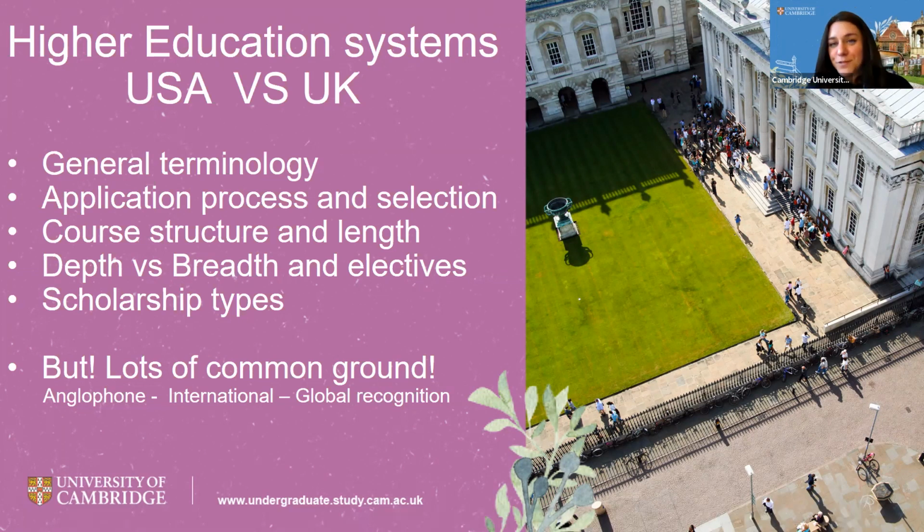Having talked about all the differences between the USA and the UK education systems, there are quite a few similarities. Both systems are Anglophone, very international in terms of the students that we recruit, but also the academic members of staff. Normally, both systems enjoy really international academic colleagues within the departments, and also the degrees carry global recognition.